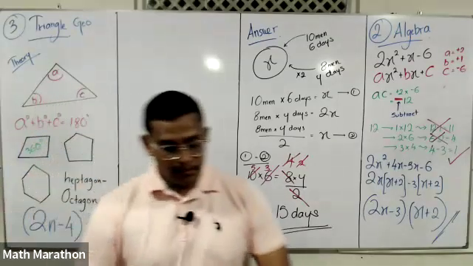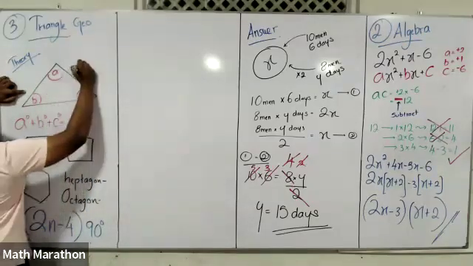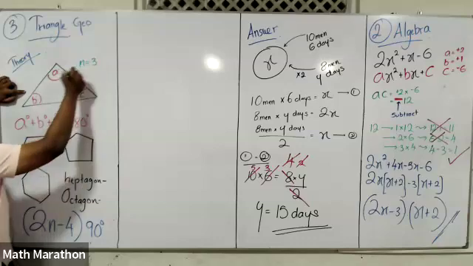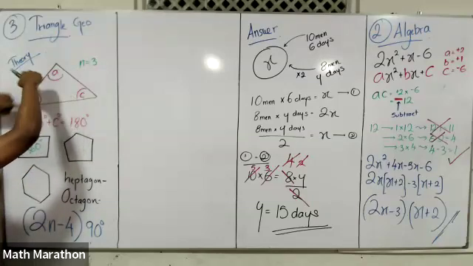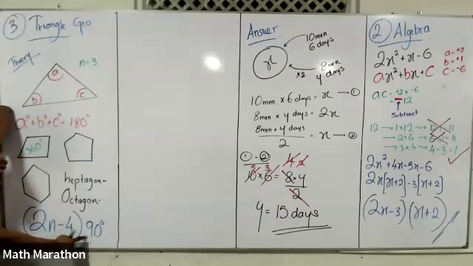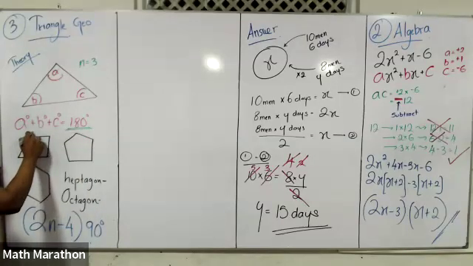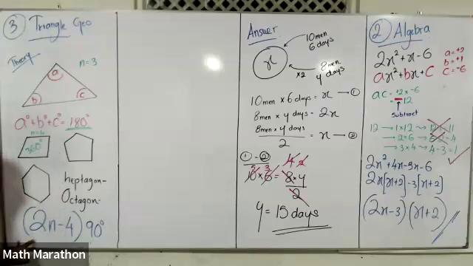By that formula, for the triangle, n is equal to 3. n means the number of sides: 1, 2, and 3. 2 into 3, 6. 6 minus 4, 2. 2 into 90, 180. Here, n is 4. 2 into 4, 8. 8 minus 4, 4. 4 into 90, 360.